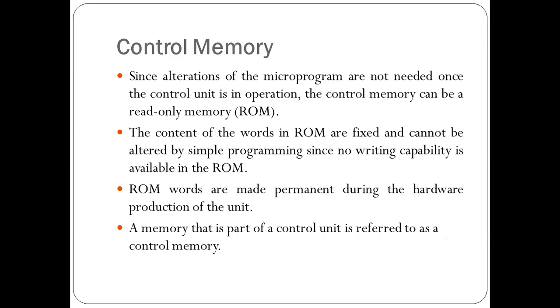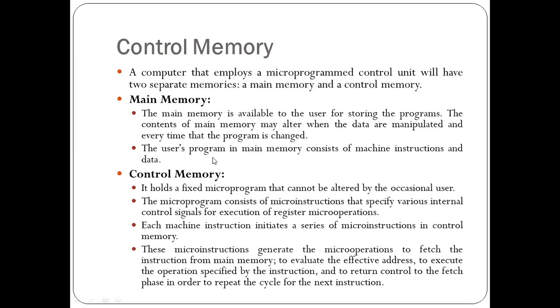So it should be read-only memory, which should not be updated every time. These contents are fixed in ROM and cannot be altered by simple programming, and ROM words are made permanent during hardware fabrication of the unit.